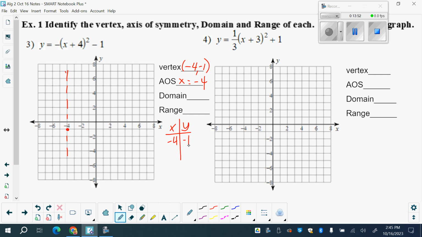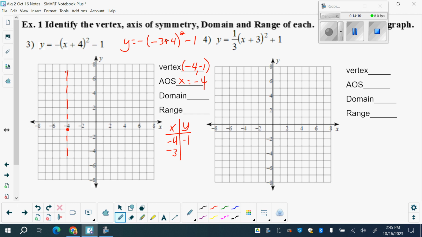A number close to negative 4. What would be a number close to negative 4? Negative 3. Negative 5 is close also. Either one is fine. So we have the negative in the front: negative 3 plus 4 squared minus 1. We do what's inside the parentheses first.